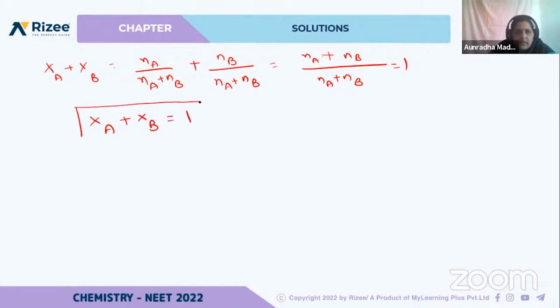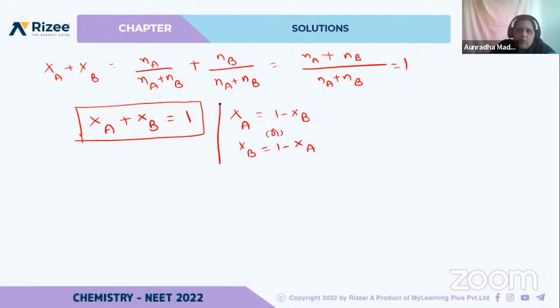This is also very important: mole fraction of solute plus mole fraction of solvent is equal to 1. If either the solute mole fraction or the solvent mole fraction is given, and they ask for the other, we can calculate it: XA equals 1 minus XB, or XB equals 1 minus XA.